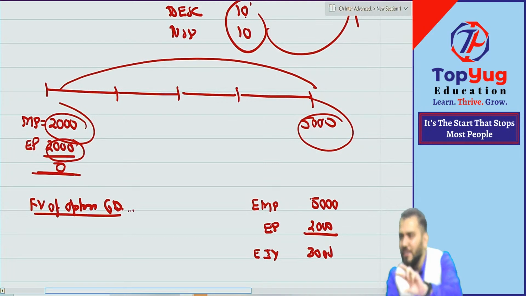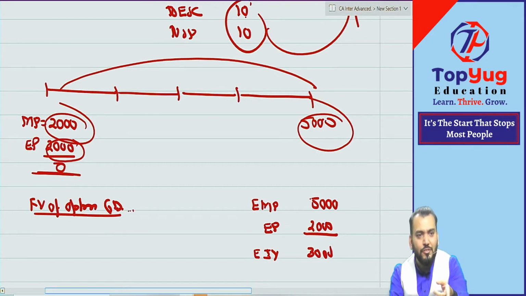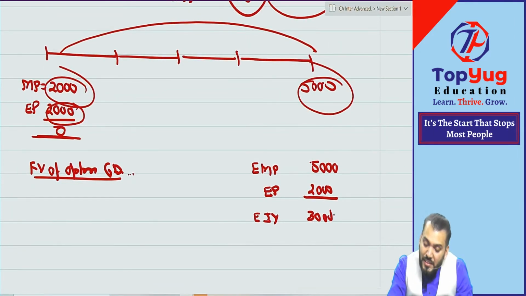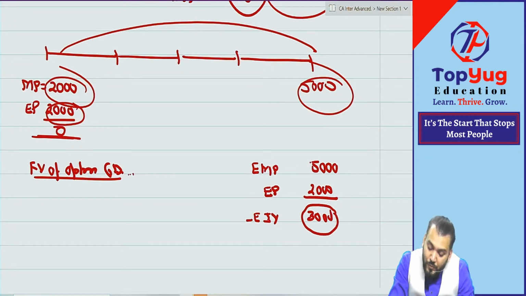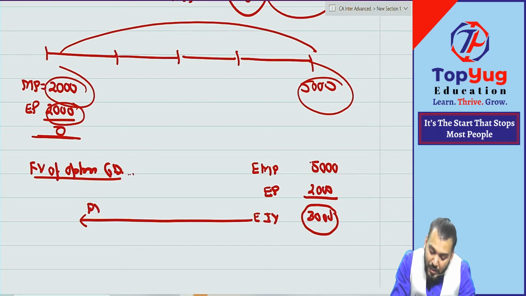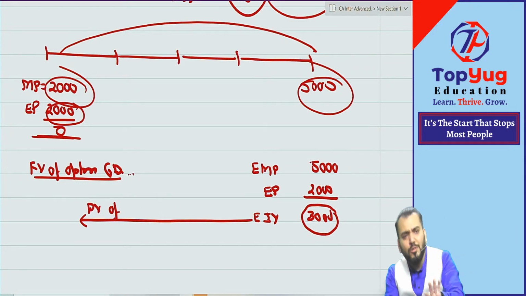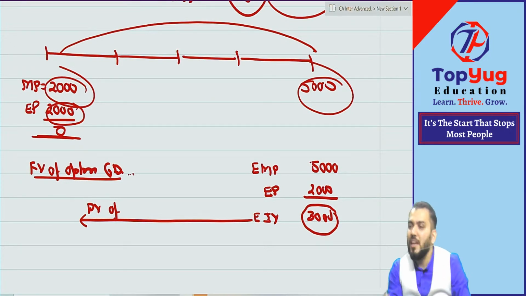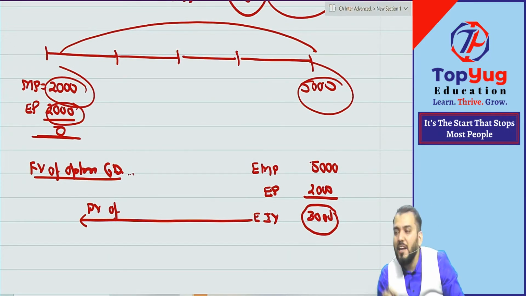Compounding reverse is discounting. Means as per the time value of money, this 3,000 we can find out the value as on this day. This is known as present value of future value. How to calculate? We'll leave it right now. If you know future value, you can calculate current value by using the concept of time value of money.